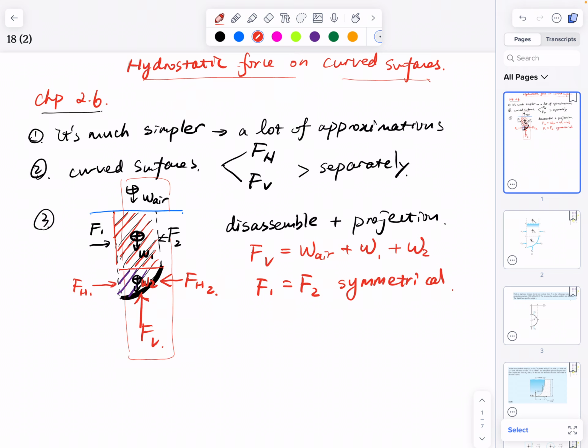And at the same time, we think that FH2 equals FH1. This is based on horizontal force balance.